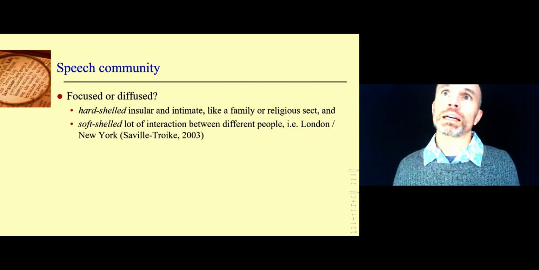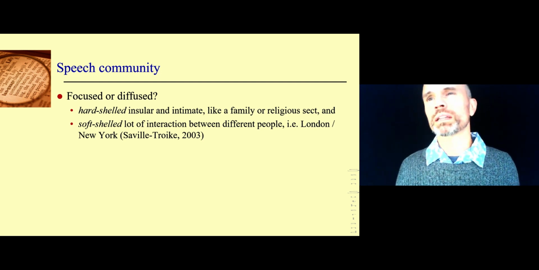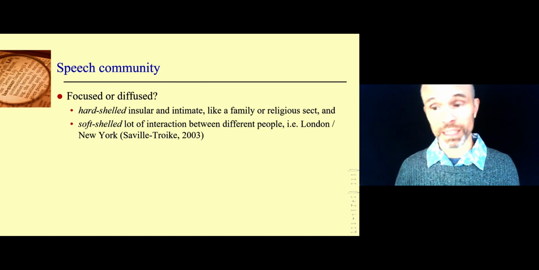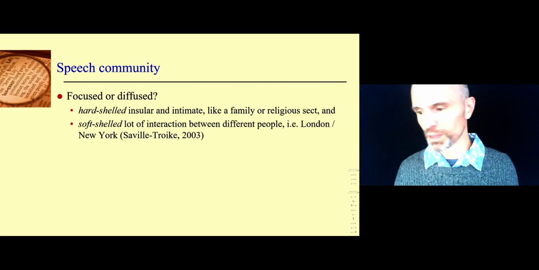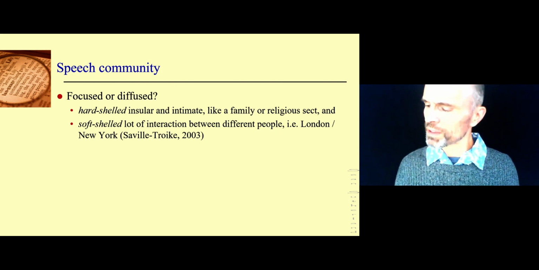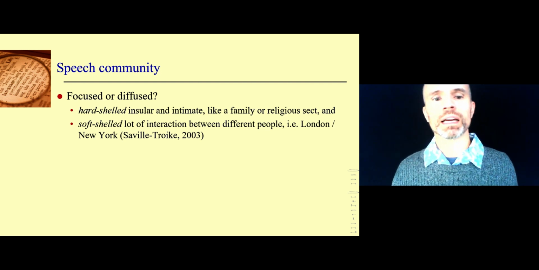Where in terms of London, we can recognize a London accent often, although the people may be quite different in many other ways, right? They may have different religions, they may be of different age, and so on, but they have something in common that makes them feel like members of a community.